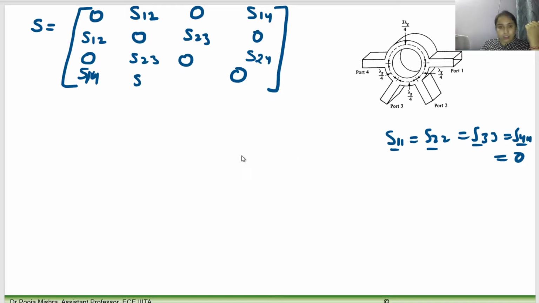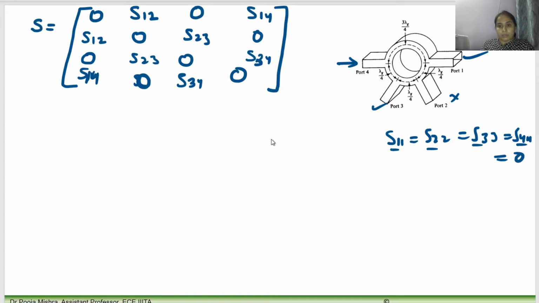I have written wrong here. This will be S34. If you send the signal from port 4, it will appear from this port and this port, not at this port. So S14 will get, S34 will get, this will be 0. Okay, so this is the scattering matrix that you will get for the hybrid ring.